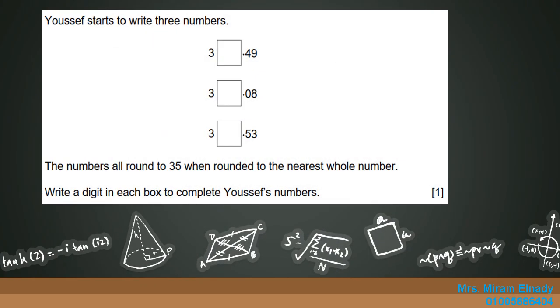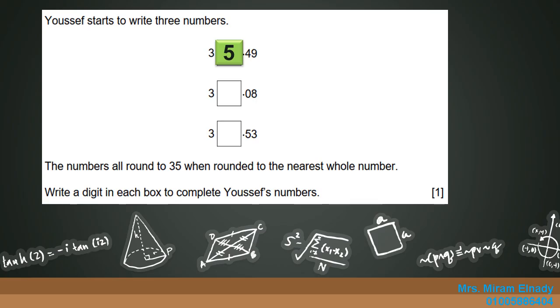Let's have these three numbers. We want to round them all to 35. So the first one, as we have 0.4, which is a weak number, the number will round down, it will not change. So it needs to have a 5 here. So this will be 5. Same for 0.08.